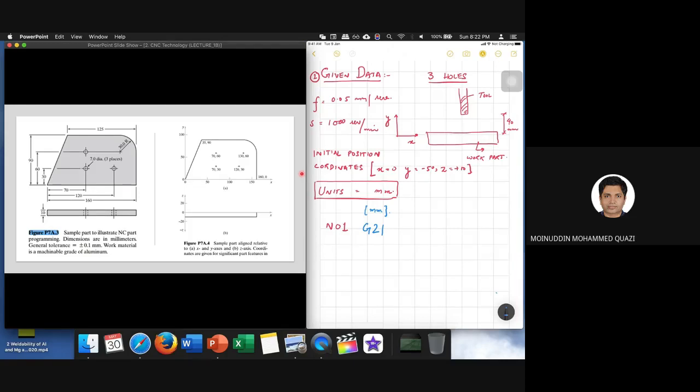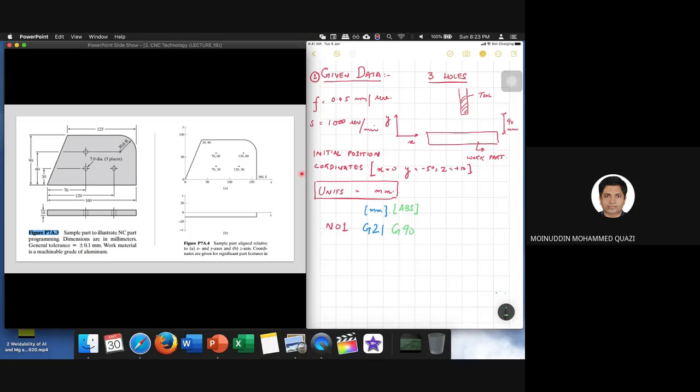If you want to use the absolute system, go to the G code table and see where it is written absolute coordinate system. Coordinate systems are given as G90 and G91. If you want absolute, use G90. So I will be using G90, the absolute coordinate system.